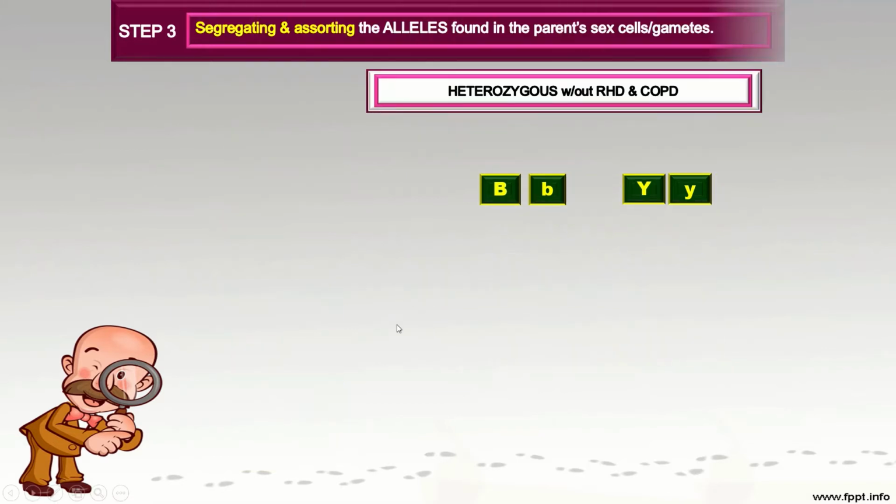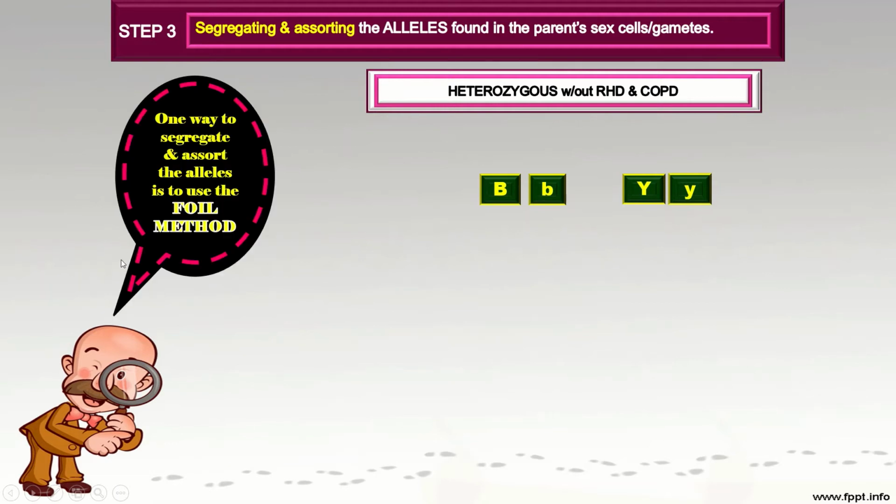To do that and to simulate that, we'll use a method used in math to multiply terms, which we call the FOIL method. FOIL is an acronym for first, outer, inner, last.